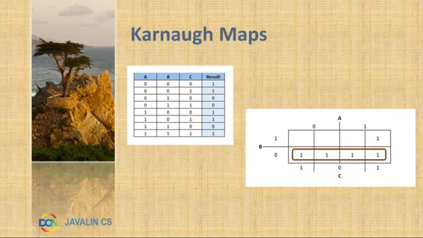Now if we look at that, we'll see that those 4 true values, those 4 ones, represent not B. You'll also see that they cross over not A and A, and they also cross over not C and C. So what that really tells us is that for that particular group, it doesn't matter what the value of A and C is.